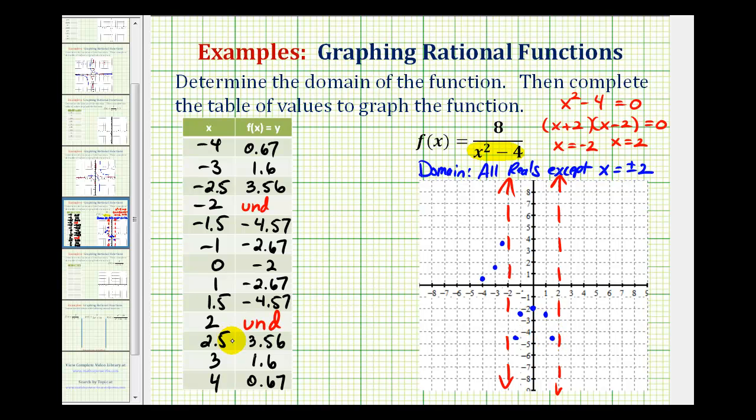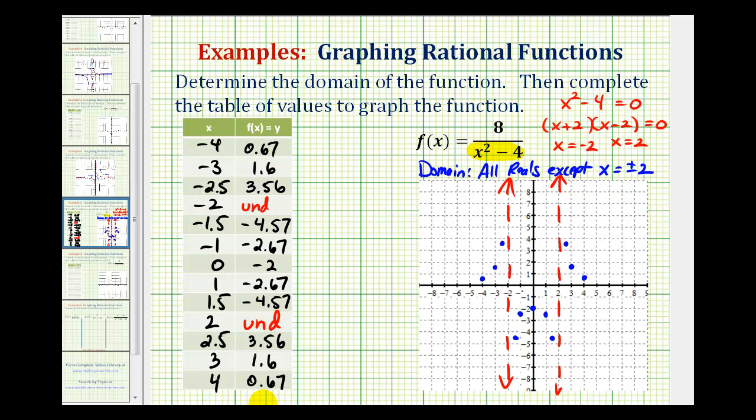And then to the right we have 2.5, 3.56. 3, 1.6. And 4, 0.67, somewhere here. So again, we rounded some of these values, but often it's easier to graph decimal approximations.